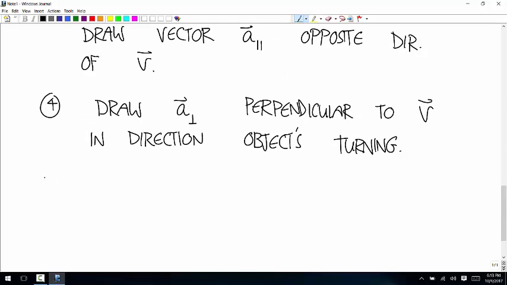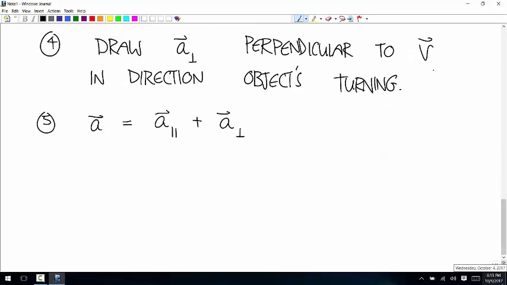And then the final idea is that the total acceleration vector is just the sum of those two, A parallel and A perpendicular. Okay, so hopefully this will make more sense after I do a couple examples.